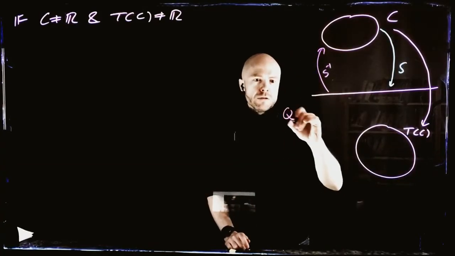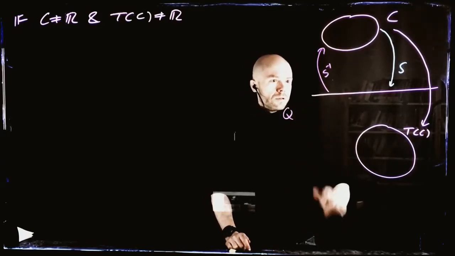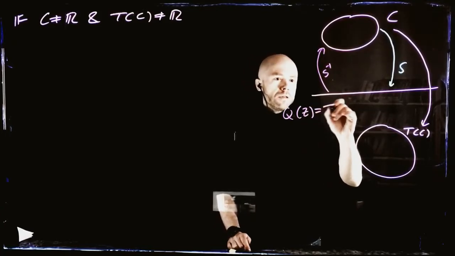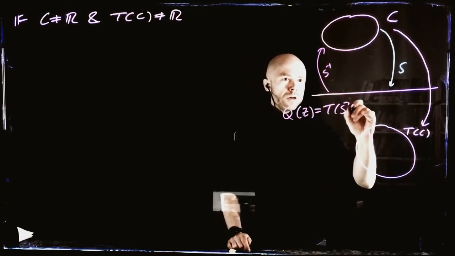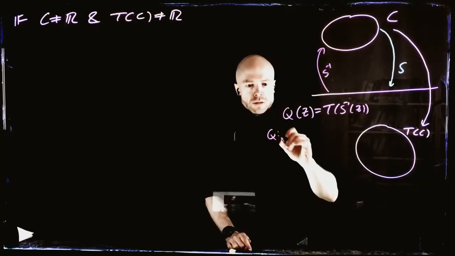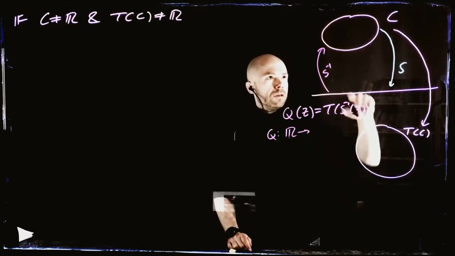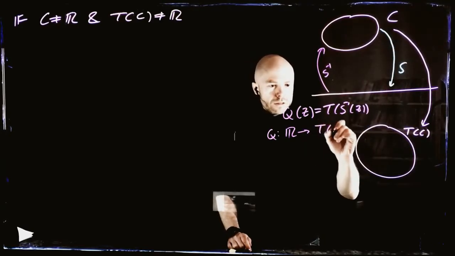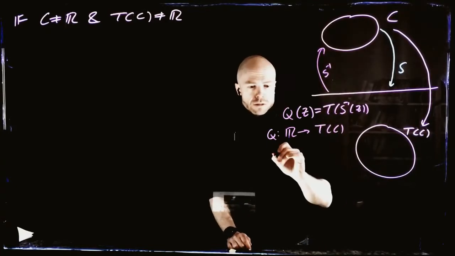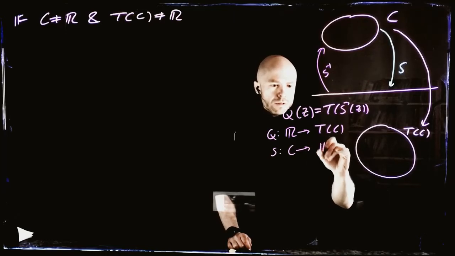So I'm going to say Q of Z is going to be T of S to the -1 of Z. So Q is going to send the real numbers into T of C, and S is going to send C into the real numbers.